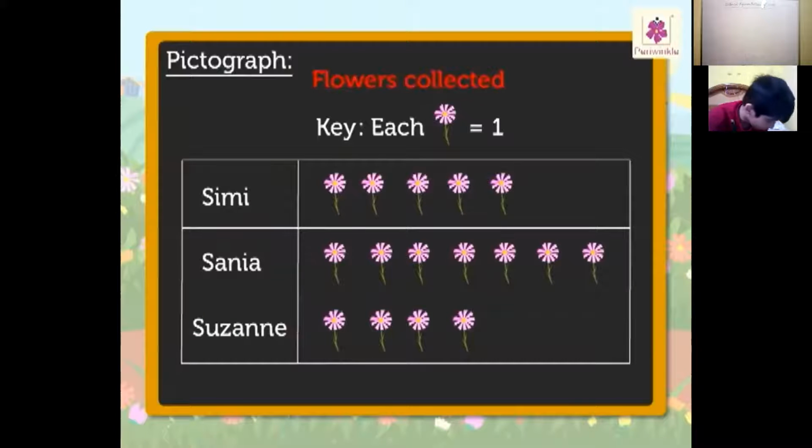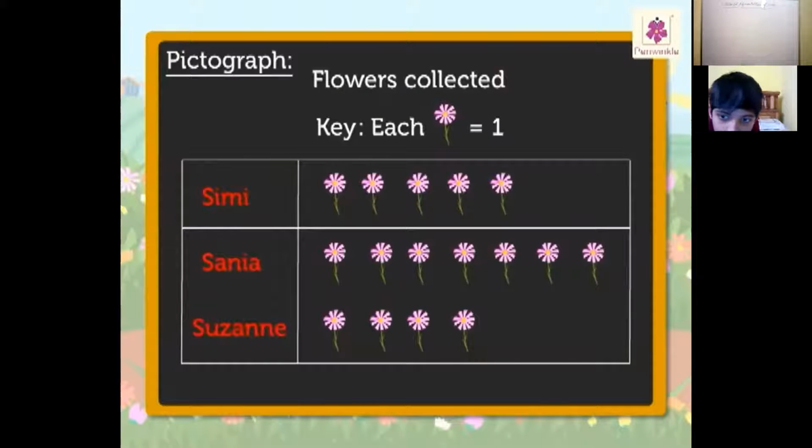The title, Flowers Collected, tells us the pictograph is about the number of flowers collected. The labels give us the information of who collected the flowers. The key tells us that each flower picture is equal to one flower. Hence, from the pictograph, we can say Simi collected 5 flowers. Tanya collected 7 flowers. And Suzanne collected 4 flowers.